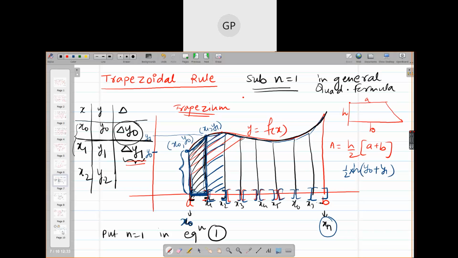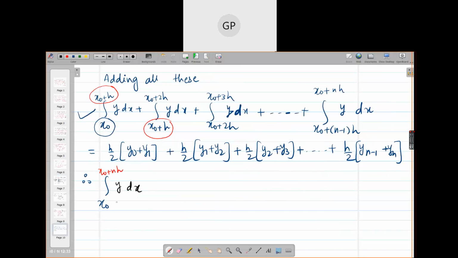Yes. So this will become the whole integration from the first point to the last point. And on the RHS, can you simplify it now? On the RHS, what do you observe? h by 2 is common for all. Inside, which ordinates?